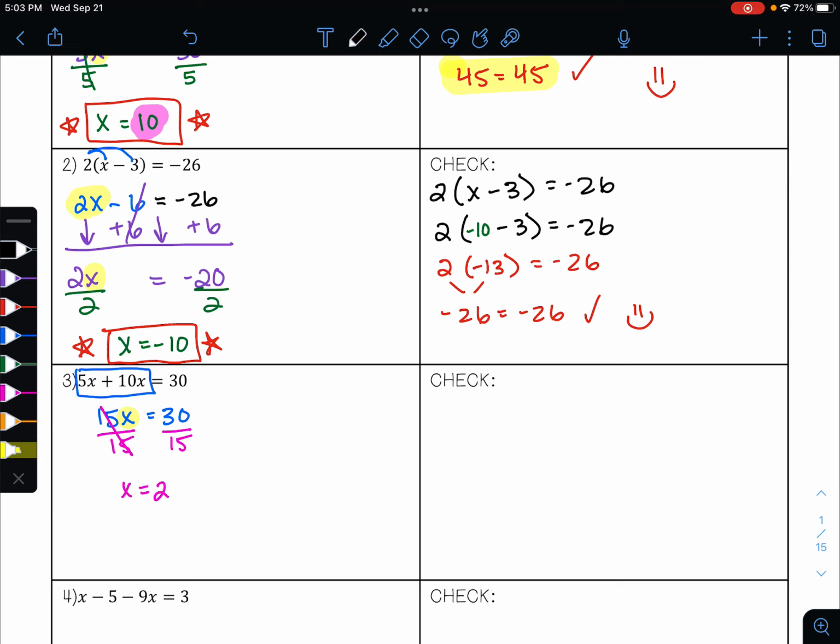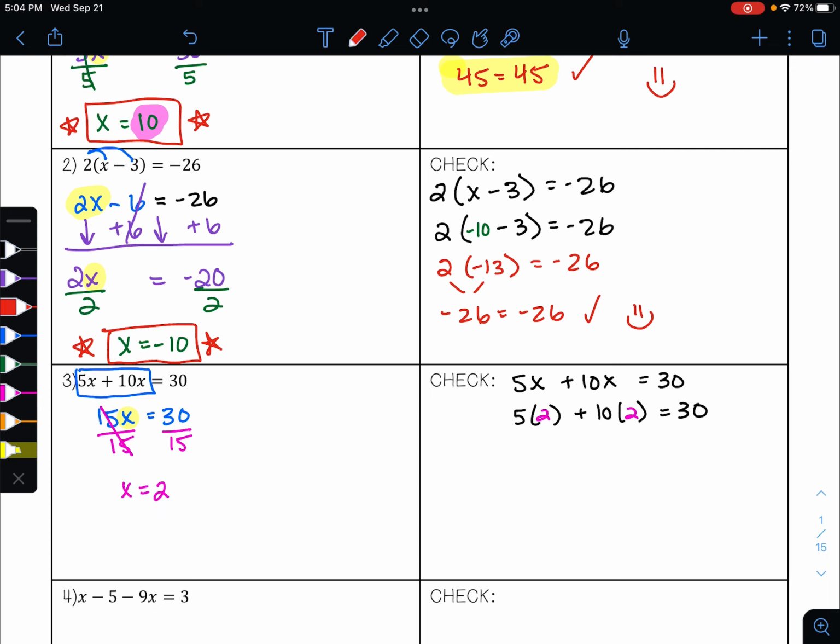Let's plug that back in to check our work. So our original problem is 5x plus 10x equals 30. We found x, and when we found it, we found that it was 2. So I'm going to replace both of these x's with 2 because that's what we found.